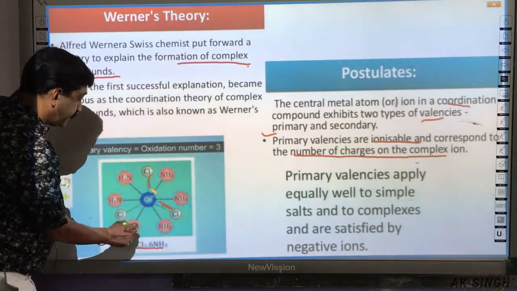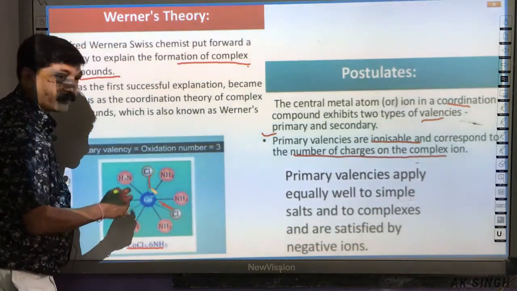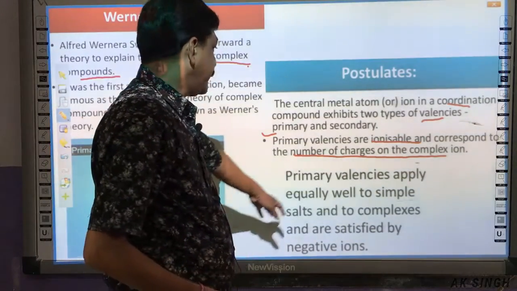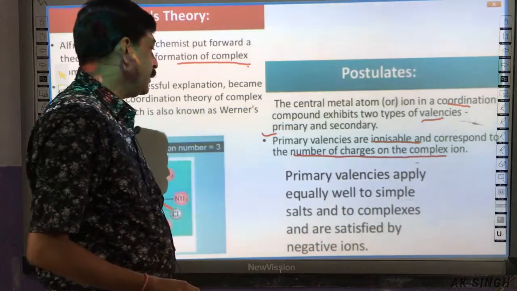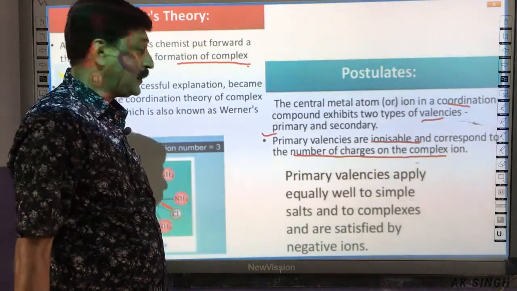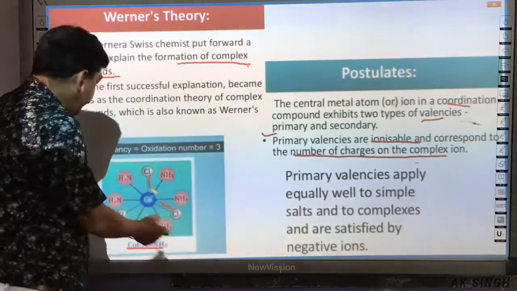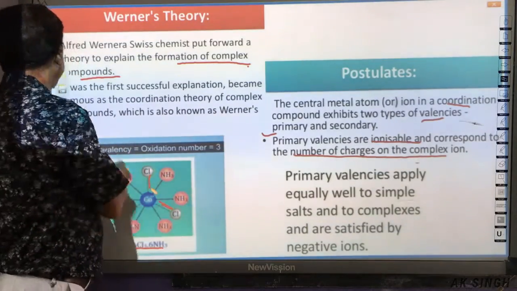The 6 NH3 groups represent the secondary valency. Primary valency applies equally well to simple salts and to complexes and is satisfied by the negative ions, Cl negative ions.